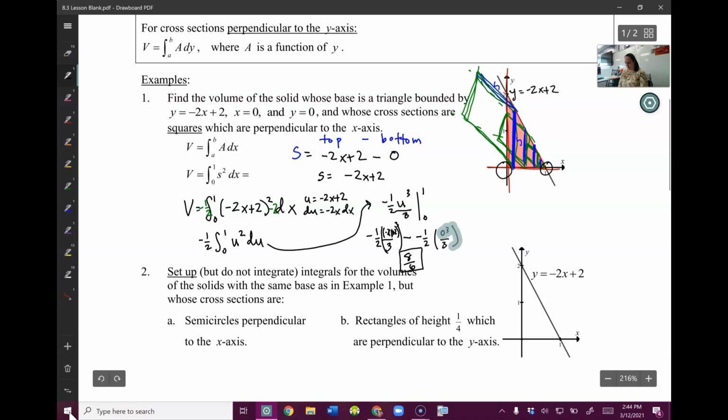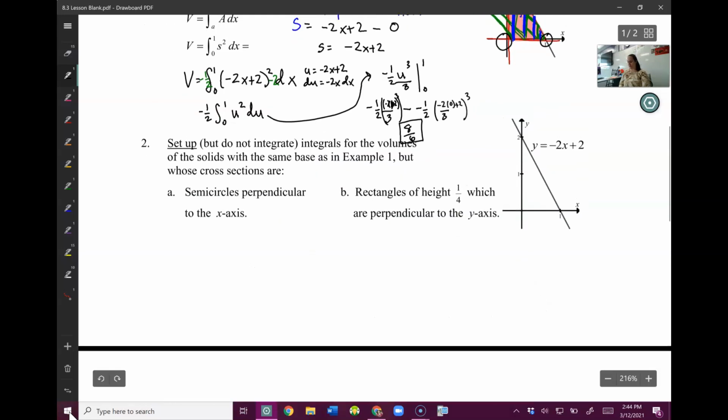There we go. And this one should be negative 2 times 0 plus 2. That's better. Sorry, forgot to plug my u back in. Anyway, you should still end up with 8/6. Final answer. So, that is our first volume of a solid with a known cross-section problem.